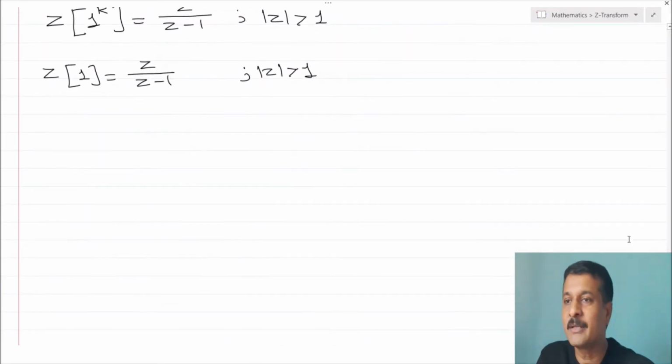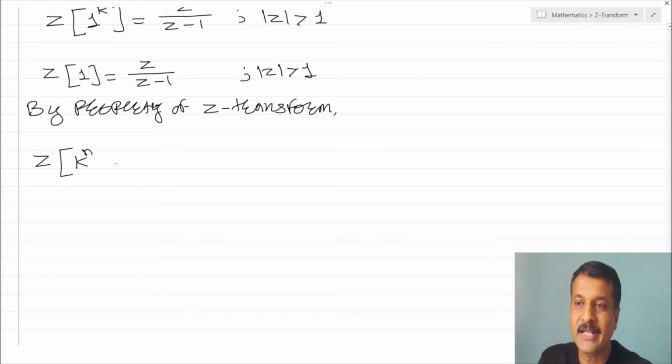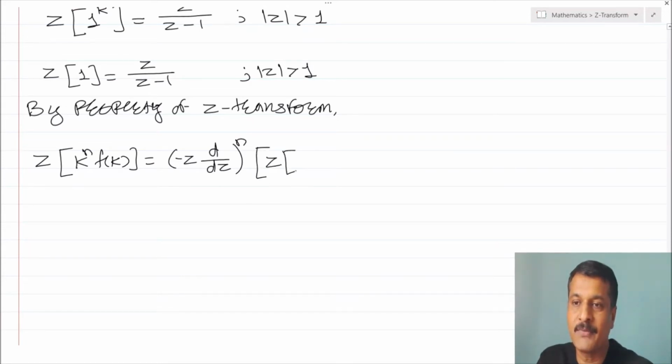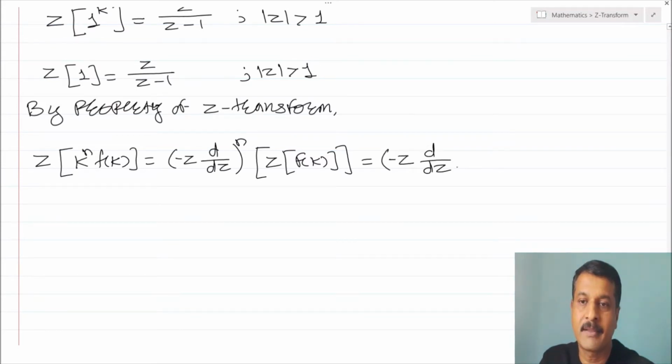And now by using a property of the z transform: the z transform of k raised to n into f of k equals minus z d by dz raised to n into the z transform of f of k. If we consider that the z transform of f of k is F of z, the same thing I can write like this: minus z into d by dz whole square of F of z.